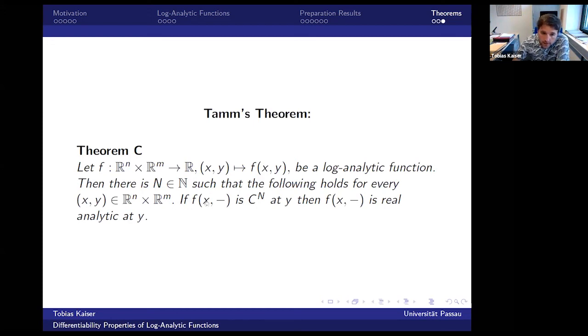If x is now fixed, if f_x is C^N at the point y, then this function is already real analytic at y. So once again, of course, this big N depends on the function f, but once the function f is fixed, we have not all C^n's. We can have C^1, C^2, C^3, and so on, up to C^N. But from C^N, we have C^omega, we have real analyticity.